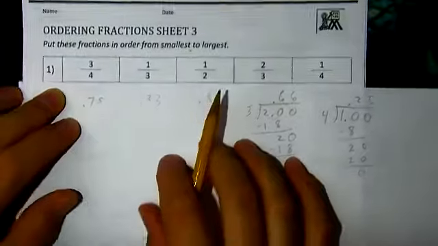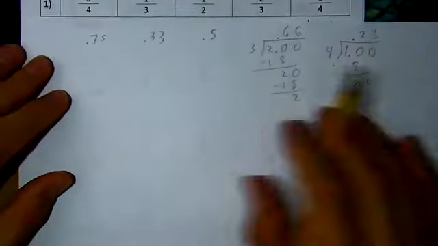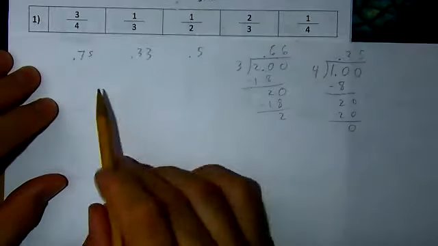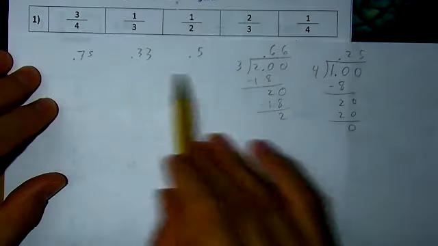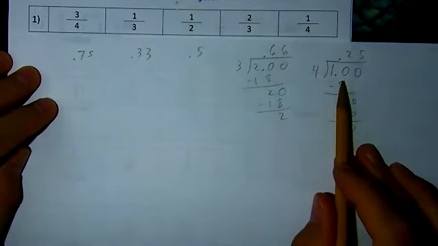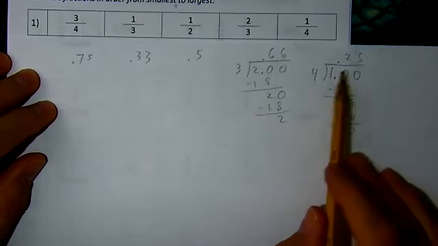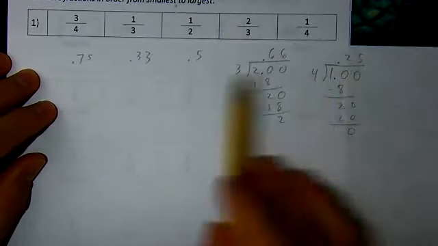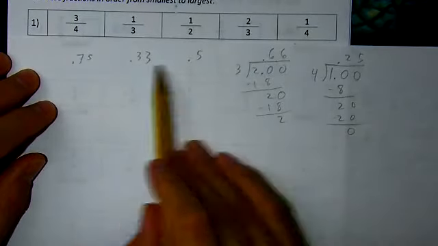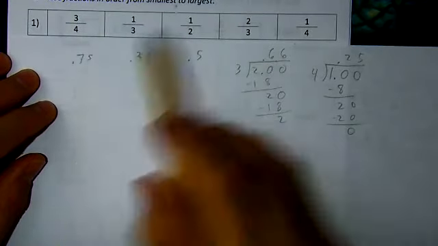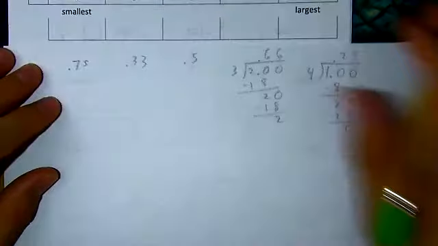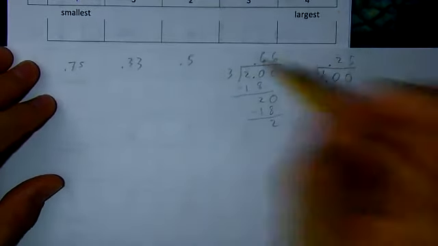So now you can order them top over bottom. And if they're obvious like this, you don't have to waste your time, but they're probably not going to be this obvious. So you can see that 0.25 is your smallest number, 0.33 is your next biggest number, 0.5, 0.66, 0.75. So 1/4 would be your smallest number.